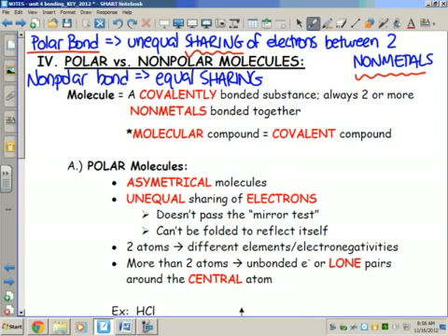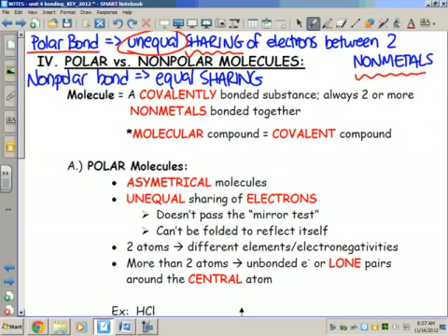We said from the start of the unit, bonding is all about electrons, and electrons are either shared between atoms or transferred. And whenever we talk about sharing of electrons and two nonmetals, we're always talking about a covalent bond. So this entire concept of polarity focuses on only covalent compounds.